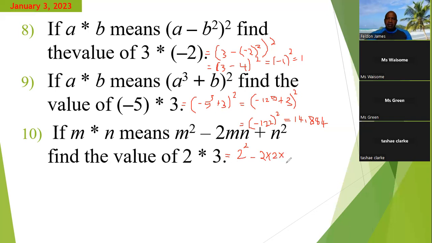This is 3 times 3, sir. All right, and then now we plus n squared. n squared is the same as 3 squared. All right, let us simplify that. 2 squared, sir, is 4. Okay. Minus 2 times 2 is 4. Minus 2.